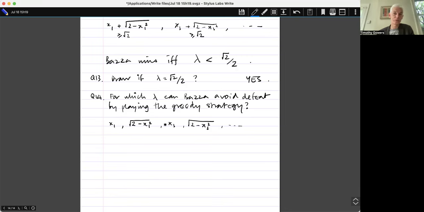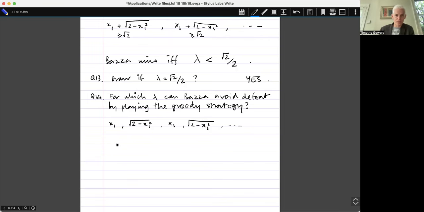In order to be able to play an xi that's bigger than √2, the constraints that Alice faces are ones where all the numbers up to xi add up to at most lambda times i. So in order for xi to be as big as possible, she's going to want the sum of the earlier ones to be as small as possible. And what's the smallest that they can be? Well, we've already established that, assuming that all the previous ones are less than √2.